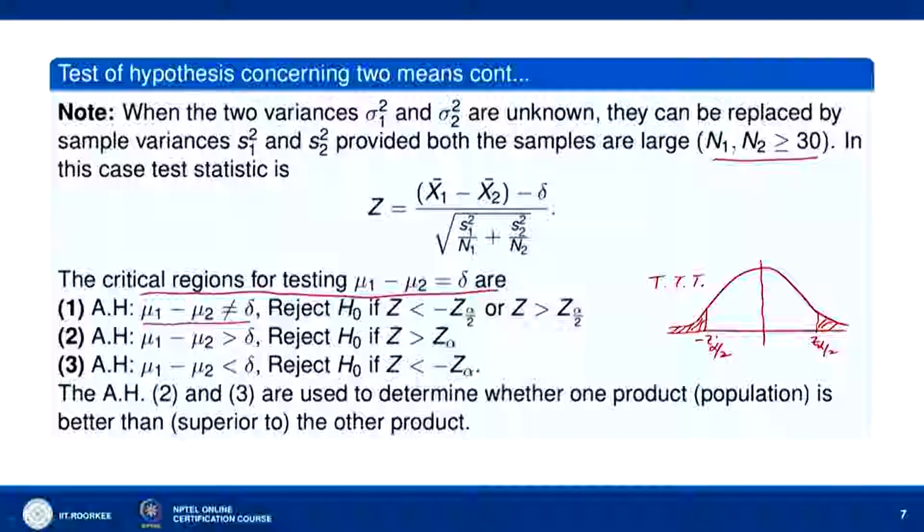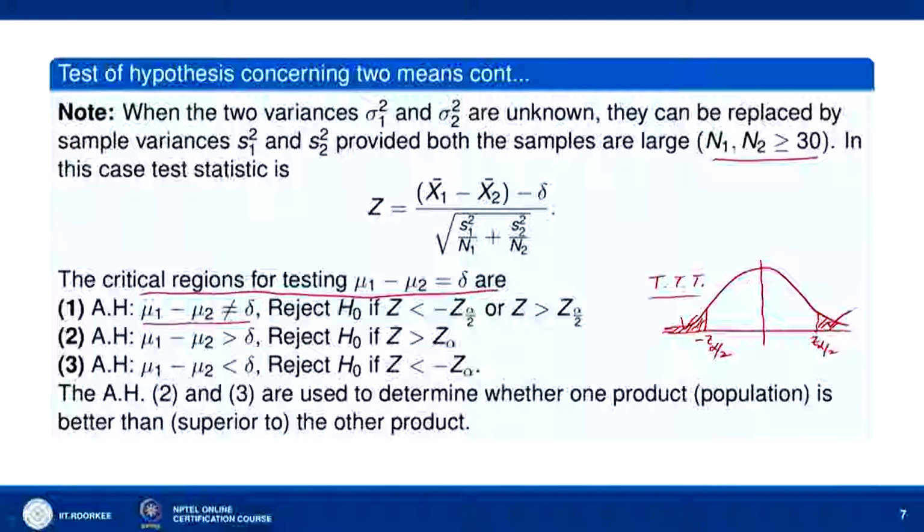So, in this case, when mu1 minus mu2 is not equal to delta, we know that we have to apply the two-tailed test. This is the region which is known as the critical region. If z is less than minus z alpha by 2 or z is greater than z alpha by 2, then we have to reject H naught. That means this region is the significant region; results are significant here.